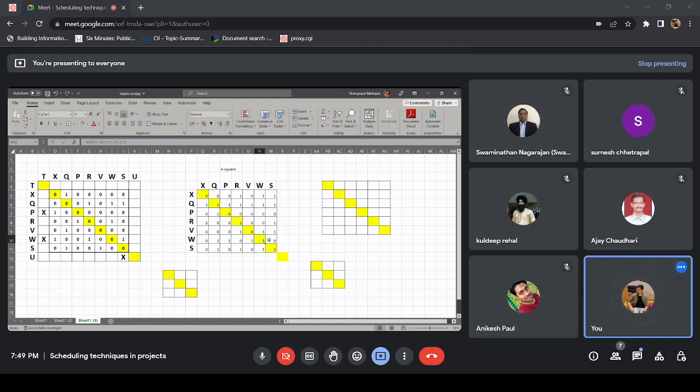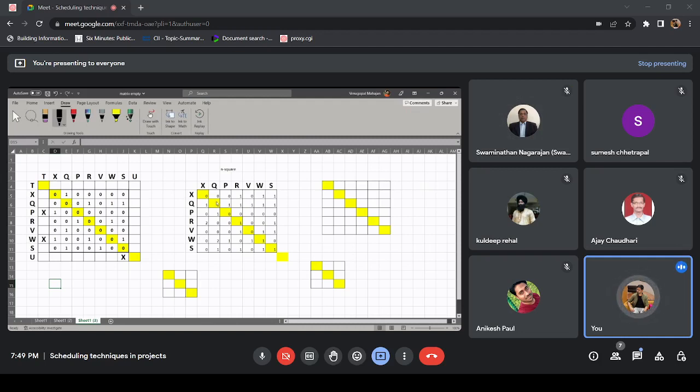Yes, for q, r, w, and s. Now, if you look into your binary matrix again, this is how matrix multiplication is helping you. At n square, you could identify one element. If you are getting a non-zero element, that means that activity is in a loop.